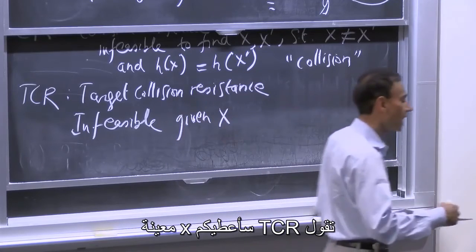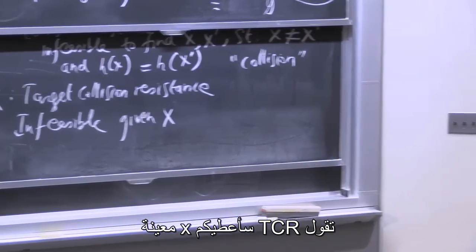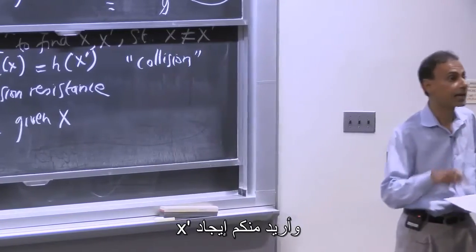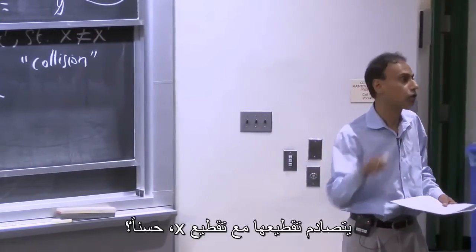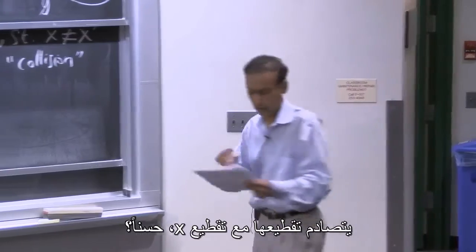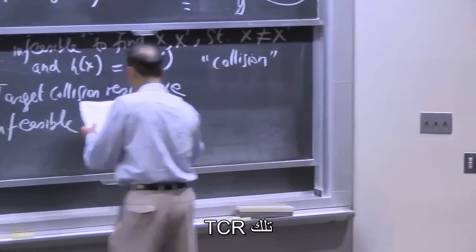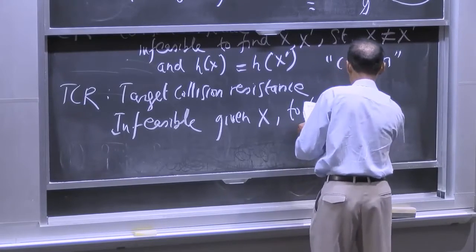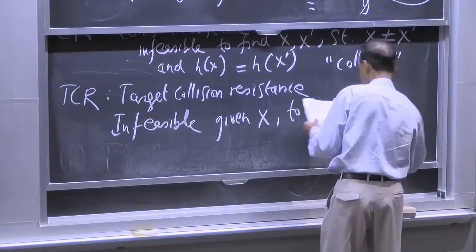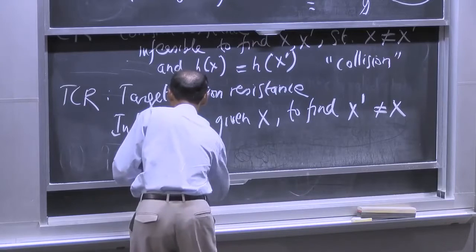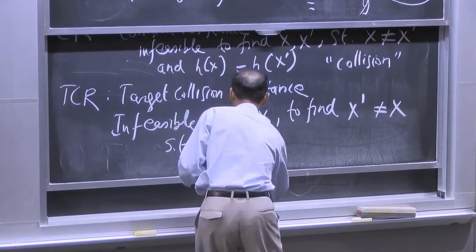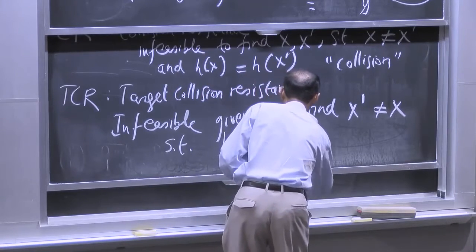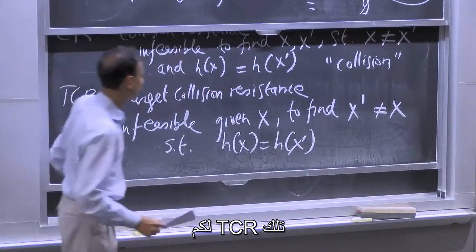But TCR says, I'm going to give you a specific X, and I want you to find an X prime whose hash collides with the hash of X. Okay, that's TCR for you.